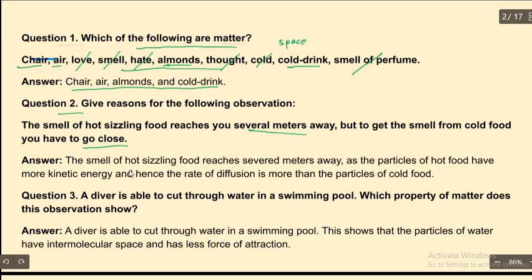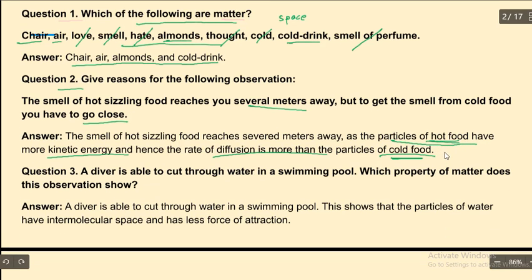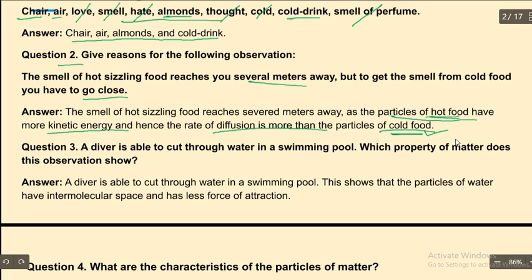Why? Because the particles of hot food have more kinetic energy and hence the rate of diffusion is more than the particles of cold food. The rate of diffusion, that is, the spreading of the particles, is more in hot food when compared to cold food. That's why we get the smell of hot food very fast.